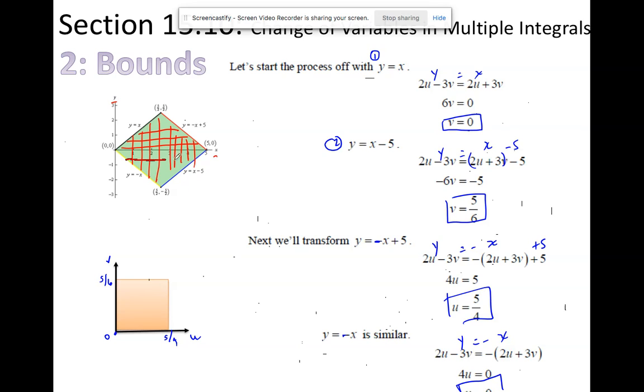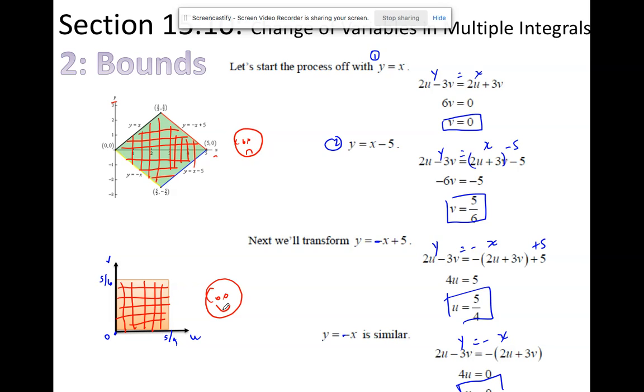My bounds would change as soon as I went below the x-axis. But here I can draw either vertical strips or horizontal strips, and my bounds don't change. Yay!